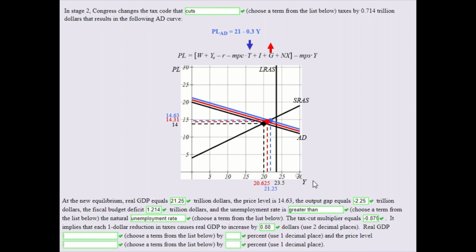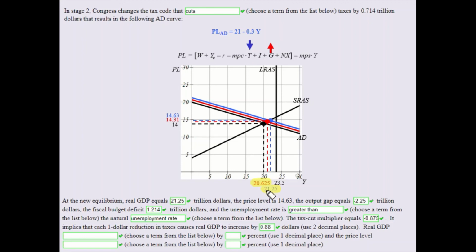Now, real GDP increased, again, from 20.625 to 21.25, from the point where the government spending effects had been taking place to the tax cut effects taking place, right?